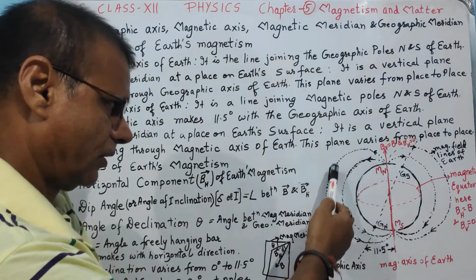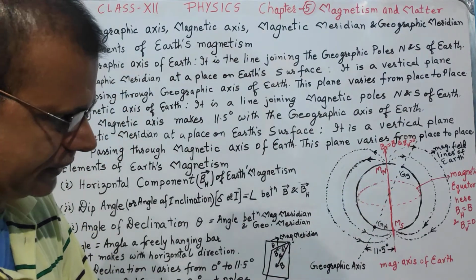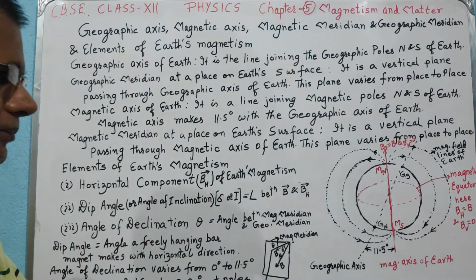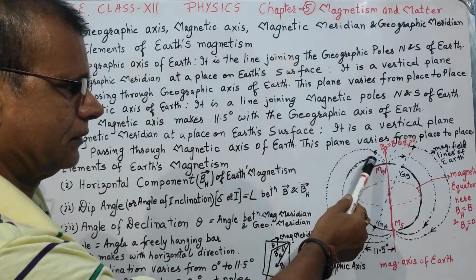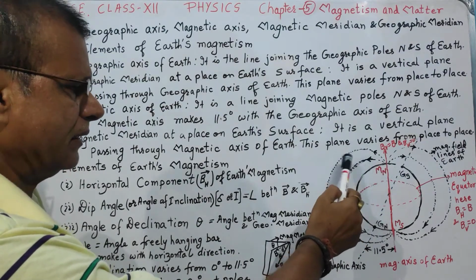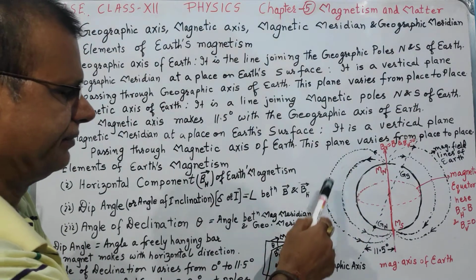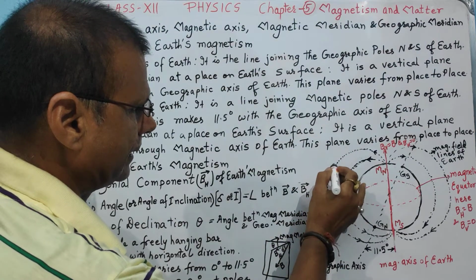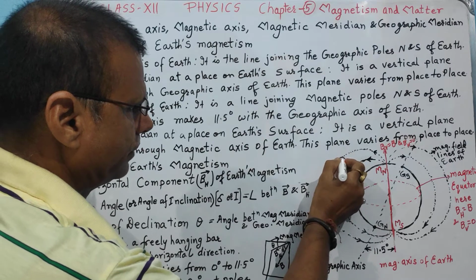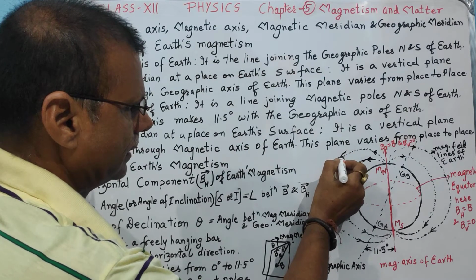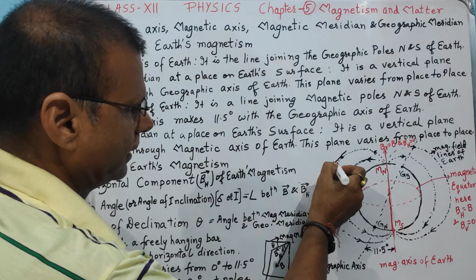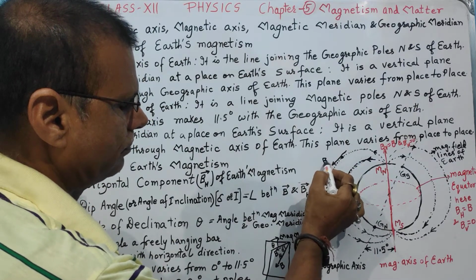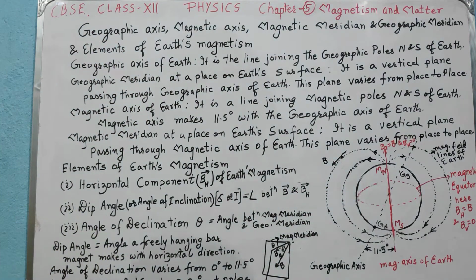These dotted lines are representing the magnetic field lines of earth, and the direction of the magnetic field at a given point will be found by drawing a tangent at that point. Say, for example, we consider this point and we draw a tangent at that point on the magnetic field lines. That will give us the direction of the magnetic field at that point.